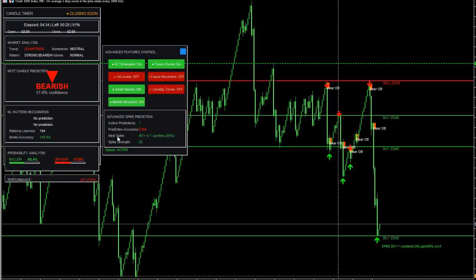Then when we look at the next spike in one candle, it's 8%. So in the next one candle there should be a spike. So definitely this is for buy. If we are trading this, just use it and trade for one candle. For instance, I will just open a trade. I will buy.